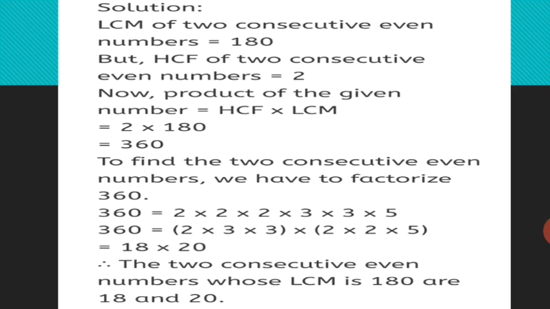We arrange them in such a manner that when grouped, we get 18 into 20. So 2 into 3 into 3 gives us 18. 2 into 2 into 5 gives us 20. 18 into 20 is 360, and 18 and 20 are the two consecutive even numbers. So the final answer: the two consecutive even numbers whose LCM is 180 are 18 and 20.